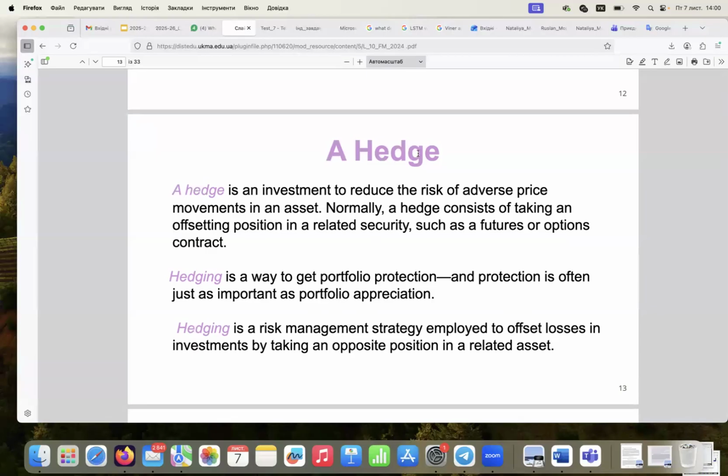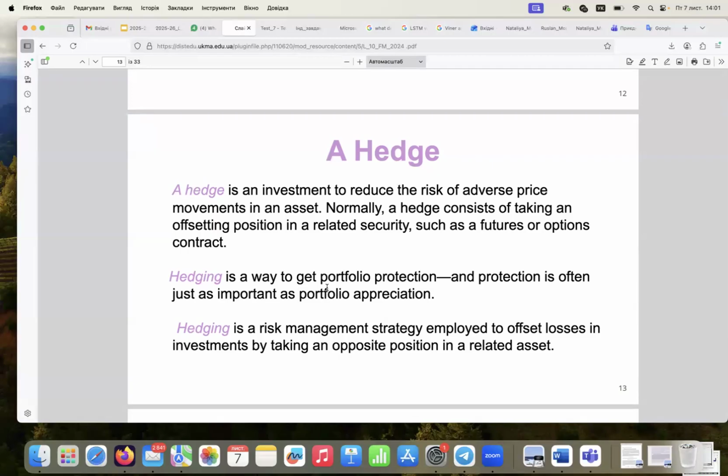Usually, a hedge consists of taking a position on a related security, for example futures or option contracts. So it means that if we trade, buy stocks, we need to have an option too.